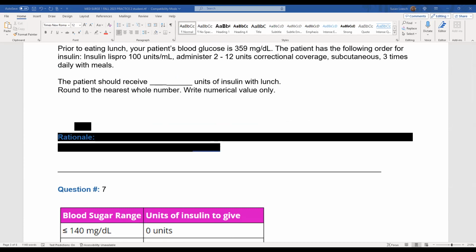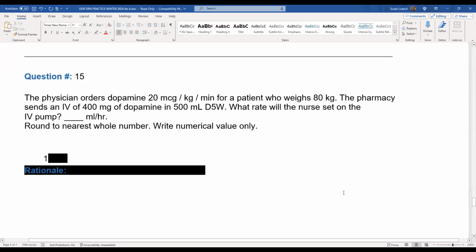All right, can you guys see my question sheet? I'm looking at something that's in between insulin questions, I think. Okay, how about now? You see question 15. Yes. Okay.